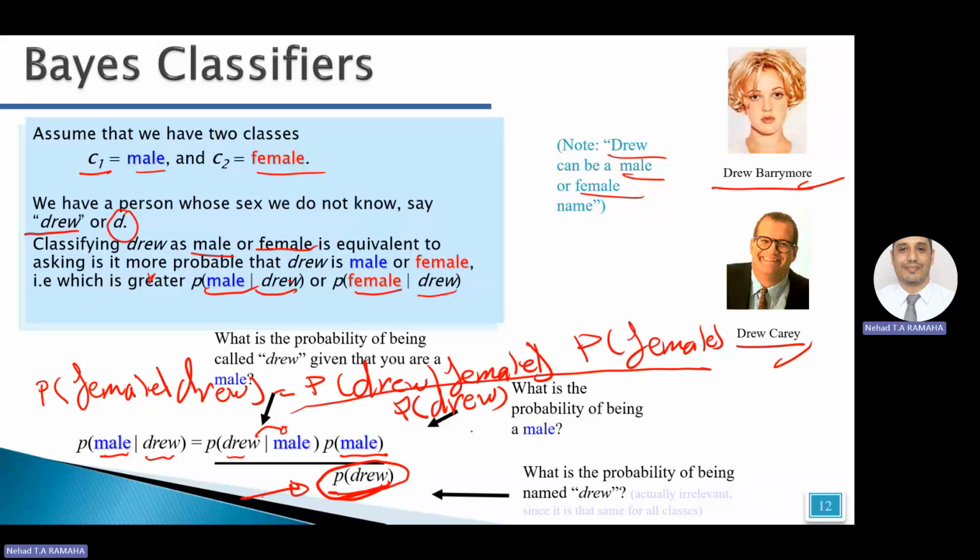If we get the numbers, will dividing by the probability of Tru make any change to the classification?